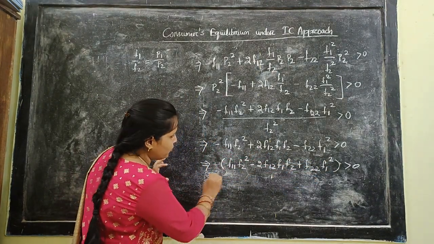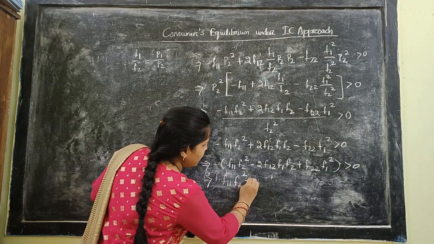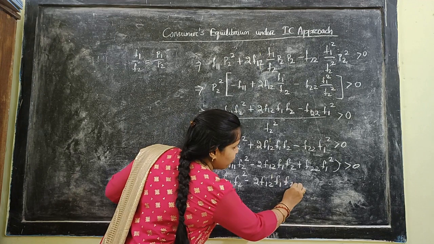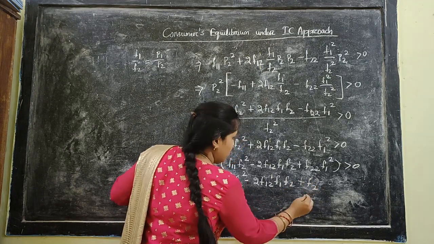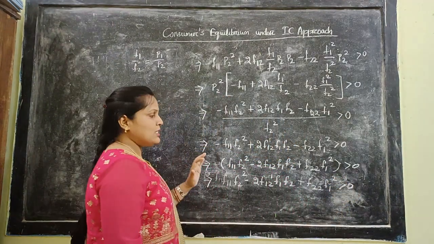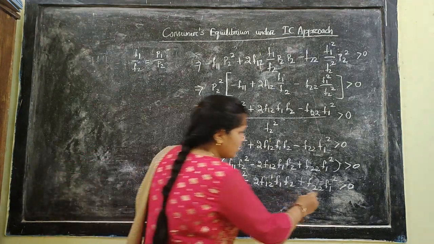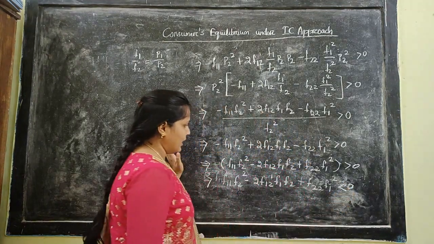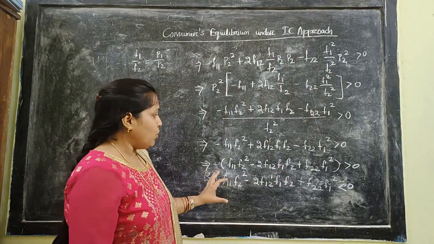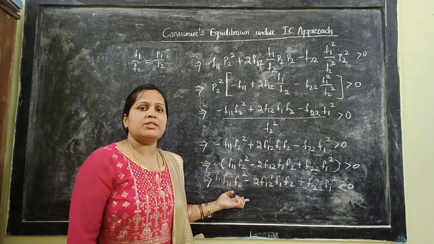So F11 F2 square minus 2F12 F1 F2 plus F22 F1 square has to be less than 0. Sorry, the bracketed term has to be less than 0. This is the condition for convexity of the indifference curve.